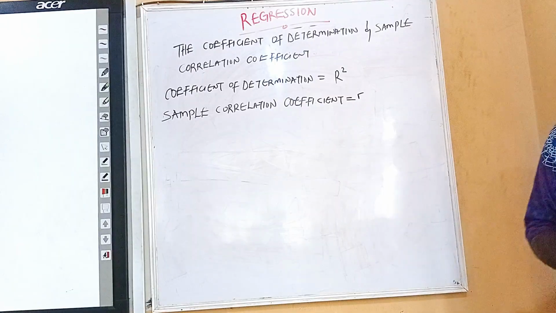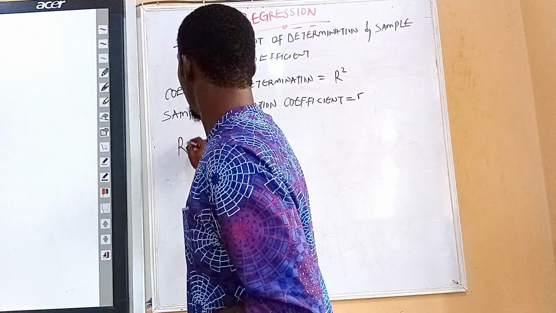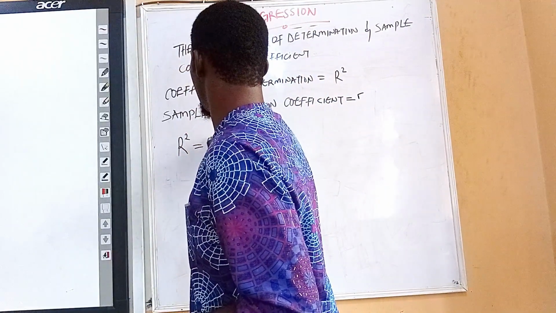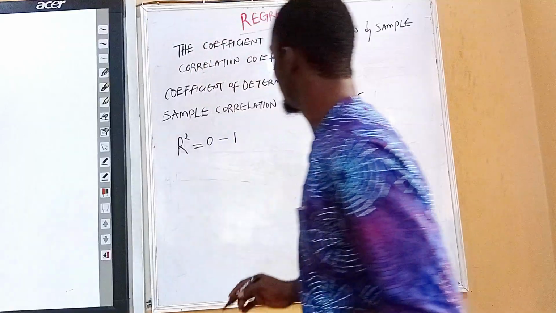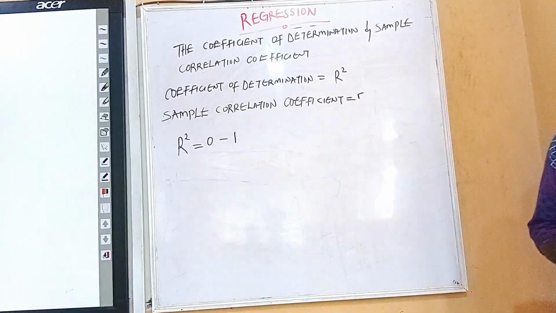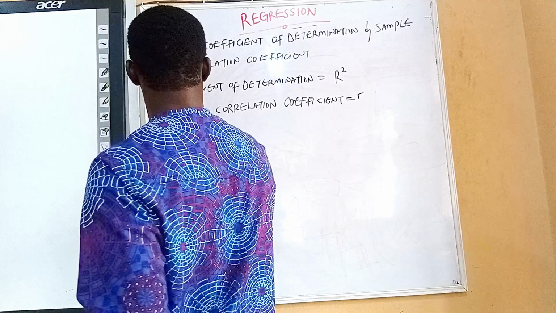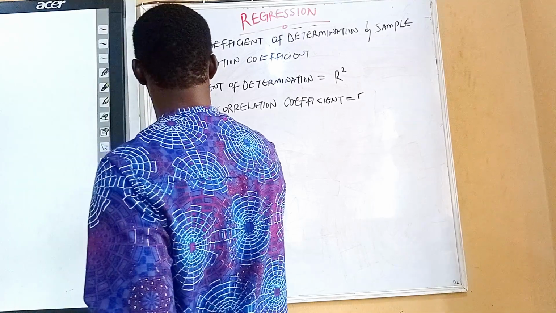The value of r squared is between 0 and 1, and r is equal to the square root of r squared.